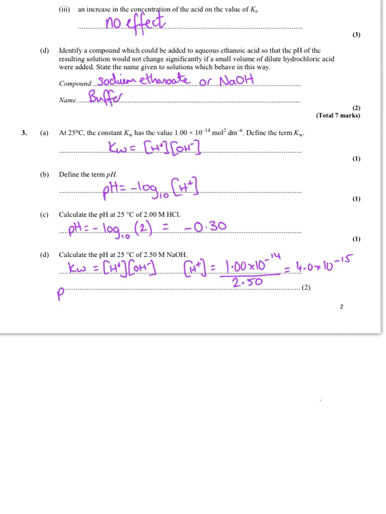We then want to work out pH, which gives us a pH of 14.40. Again, always to 2 decimal places. So you get 1 mark for doing that bit and 1 mark for working the pH out. Look at them with some common sense as well. It's a strong solution of sodium hydroxide. A pH of 14.4 sounds reasonable. If you've got a pH of 3, you know you've made a mistake.